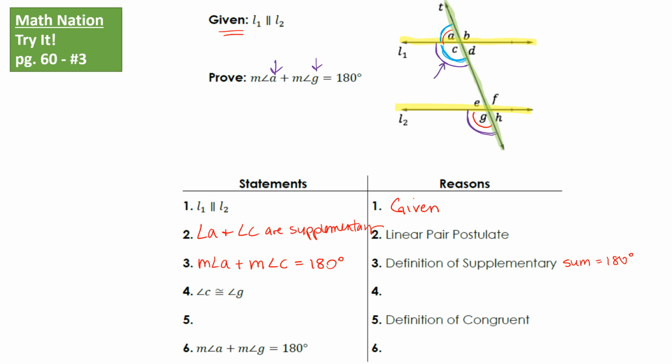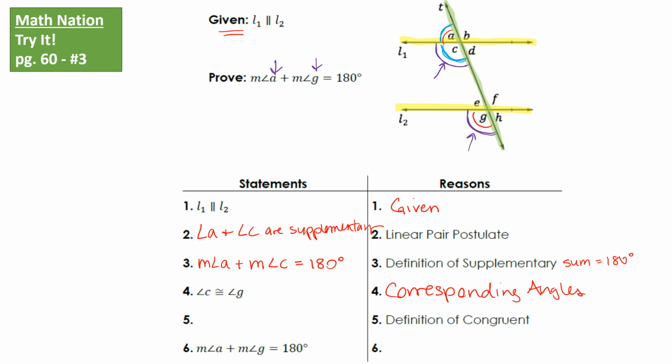So C is below line 1 and G is below line 2. So if I have two angles on the same side of the transversal in the same position, that automatically tells me the angle relationship that makes these two angles congruent would have to be corresponding angles. Okay.